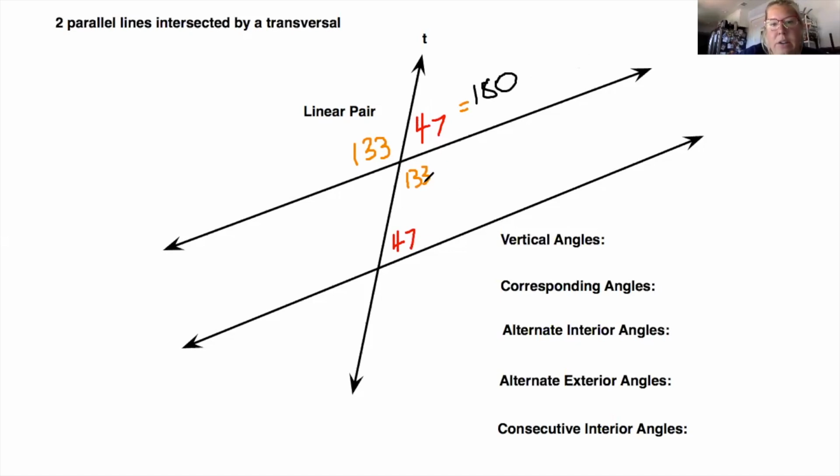Alternate interior angles, if this angle equals 133, across from it and down is going to equal 133. And if this angle equals 47, the exterior across angle is going to equal 47.